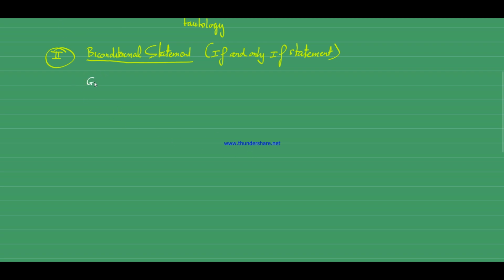Okay, so given P and Q statements, the biconditional statement will go both directions: P if and only if Q.